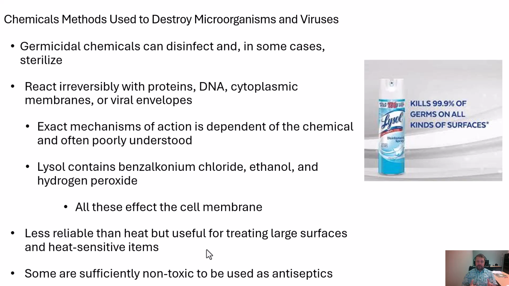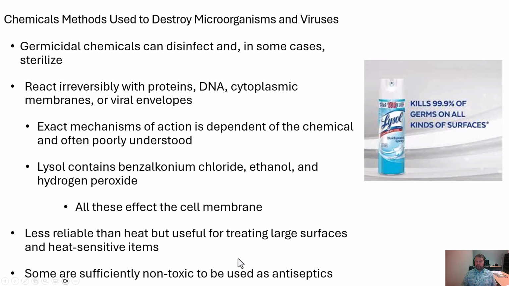The nice thing about chemicals is they can be used on all kinds of objects, doorknobs, desks, toilets, whatever it might be, things that you cannot autoclave. But they're less reliable. Because of how they're applied, and also because of the way they work, they don't do as well of a job at sterilization as things like high temperature, high pressure things.